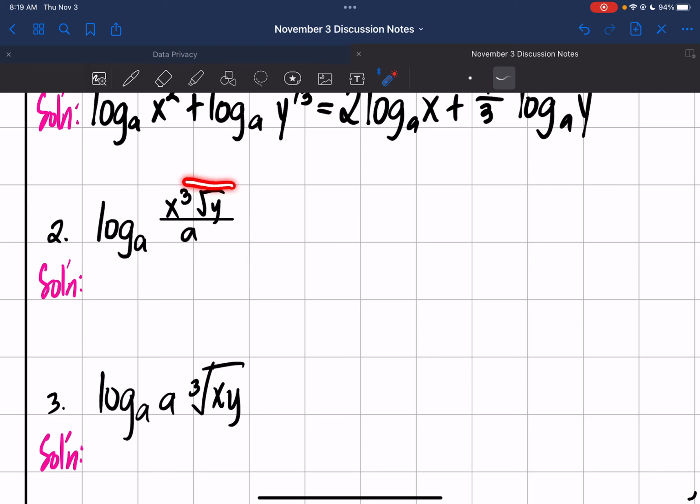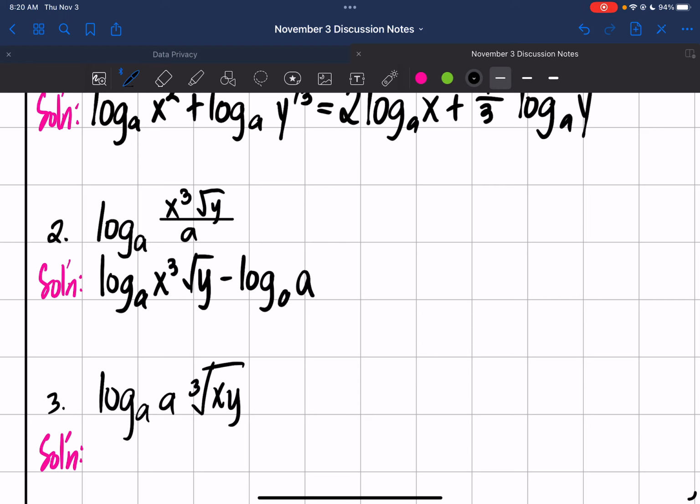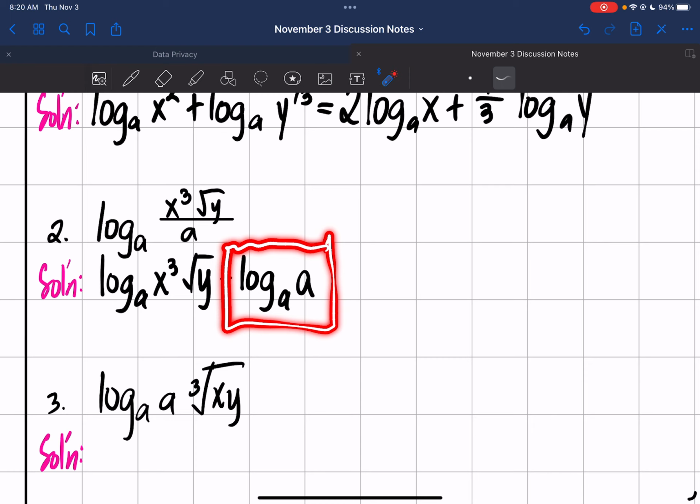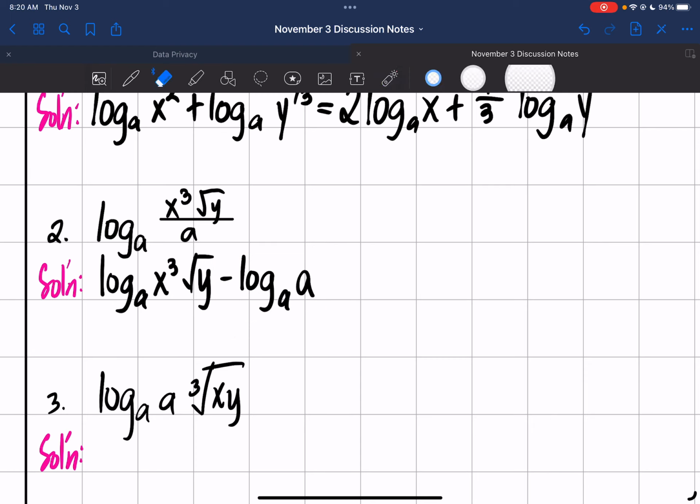The first one is x cubed square root of y. Then the second is a. So, let's use the quotient rule. We have log of x cubed square root of y base a minus log of a base a. But this one, class, log of a base a, is just 1. So, that's just 1.